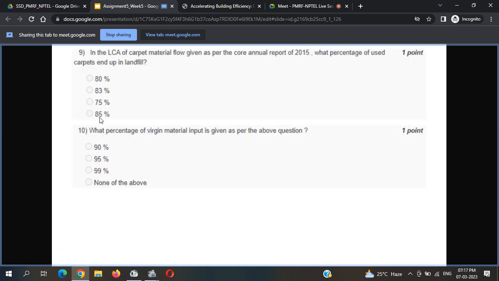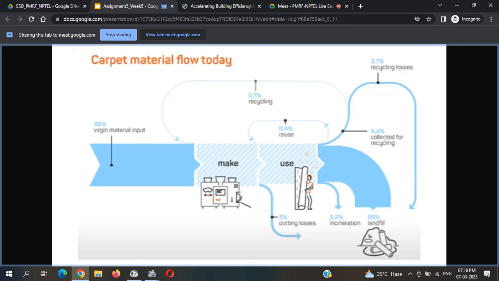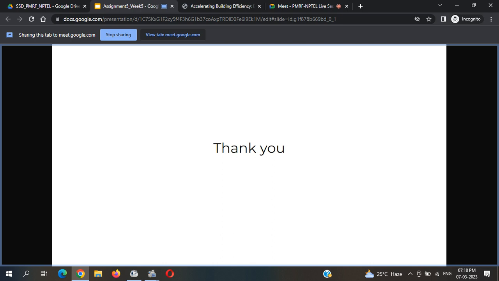So I hope the answer to this question is also clear: 99% of the material input is virgin material input which goes into the manufacturing of carpet. I hope that is clear. So those are all the questions for today's session.